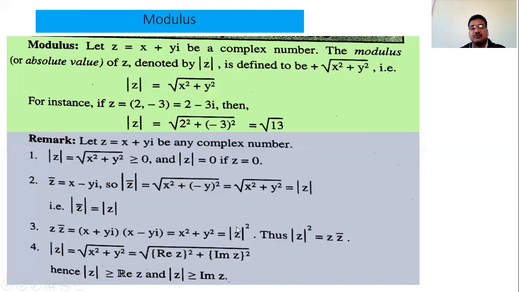It's 2 times the real part of z. Z plus z bar is 2 times the real part of z. If we add z and z bar, what do we have? Z is x plus yi, and z bar is x minus yi. Then the addition is 2x, that is 2 times the real part of z.